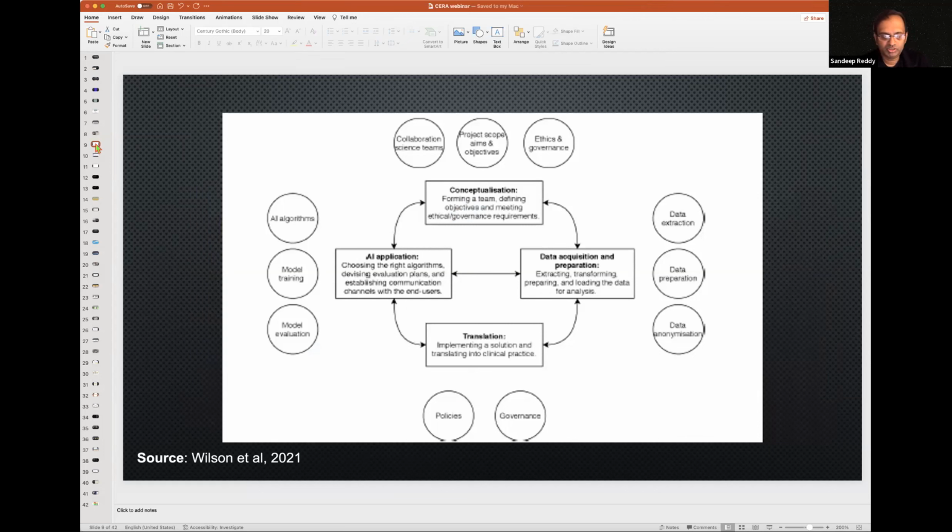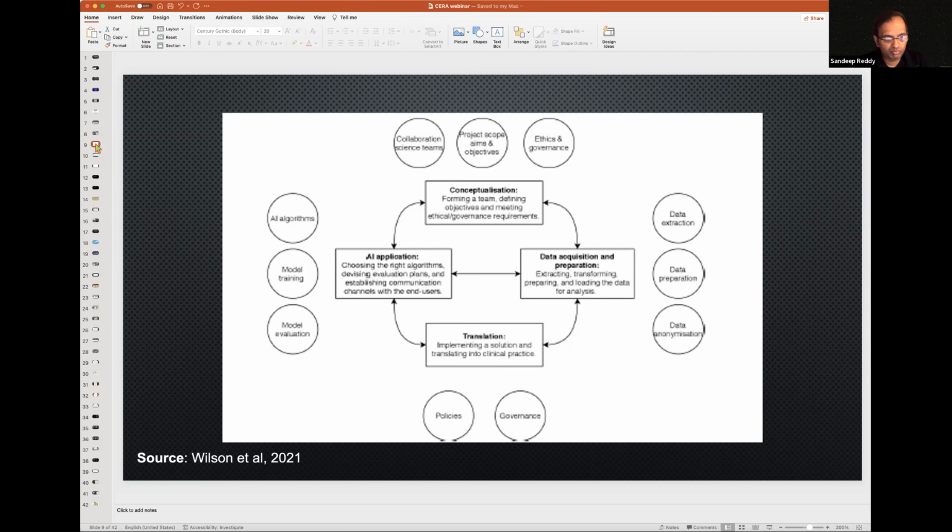Here we see a representation of how a clinical AI application is developed. Many of you come from a technical background, so you're quite aware of what this is. We begin by conceptualizing what the problem is. We review the problem, and then we conceptualize a solution to it. Based on that architecture, we start to build a machine learning model.